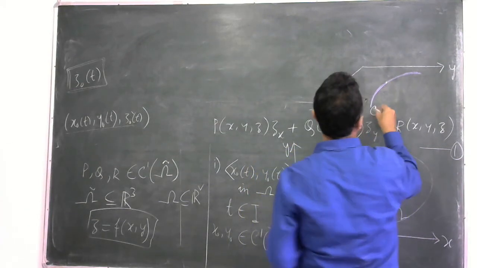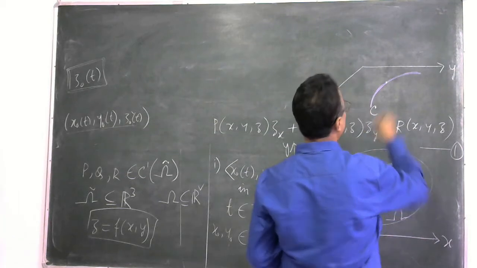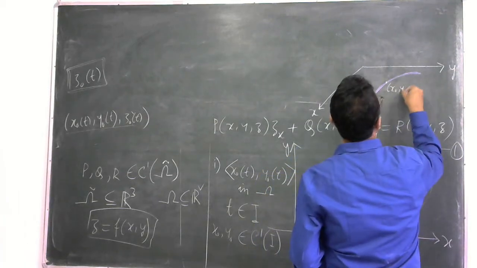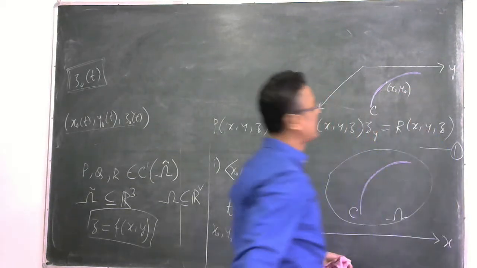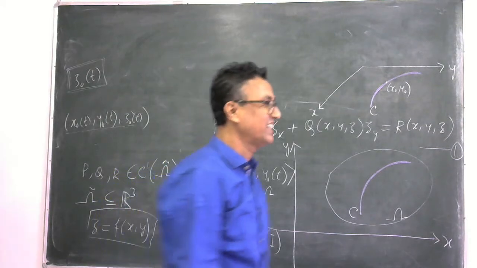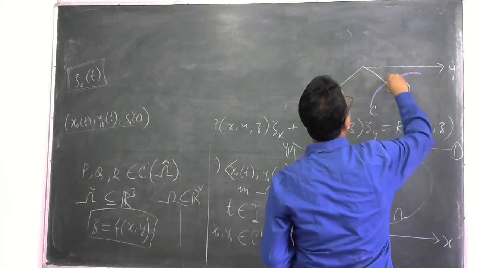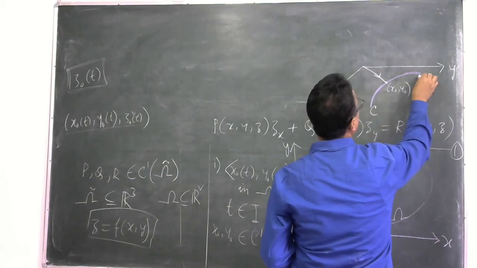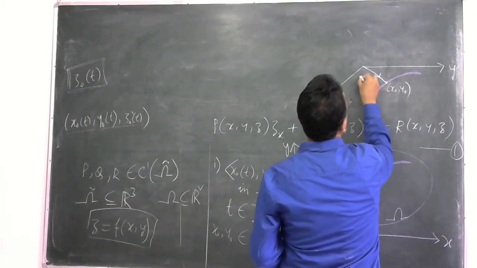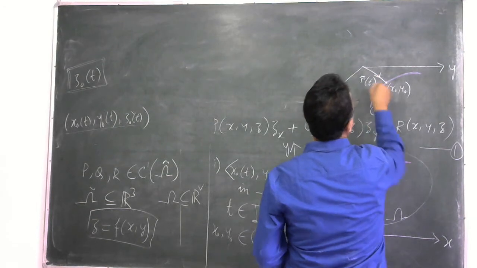This is my curve C. Maybe let me keep the point x0, y0 also here. It is a fixed point. So then what is going to happen from here? This curve will be parameterized by simply r t.